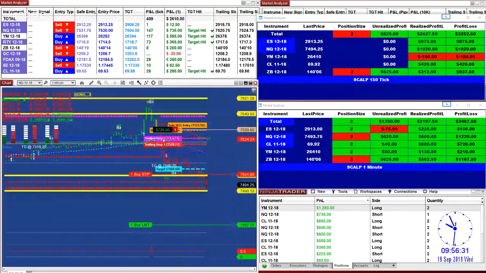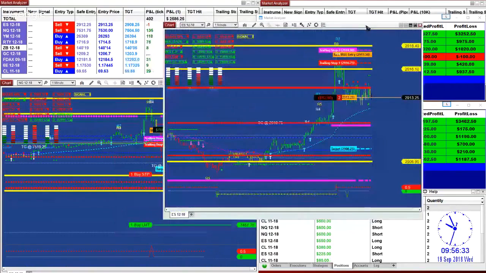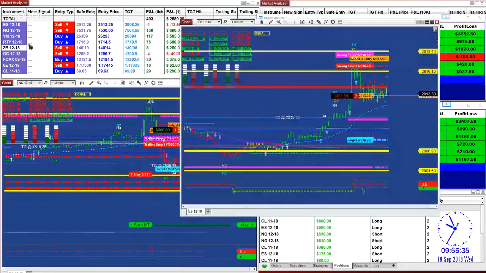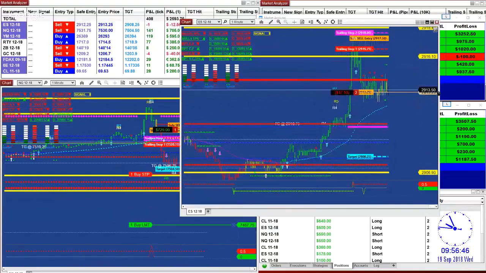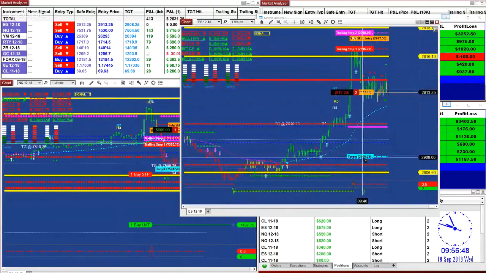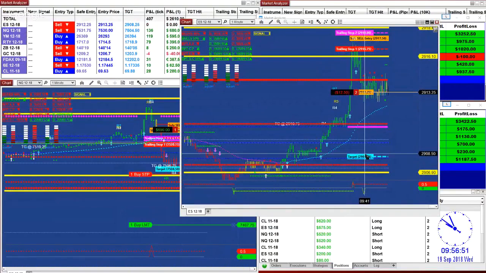That's not gonna happen. For the ES, for the ones who follow the ES, we had the new signal right there on the ES. Now the ES is sitting right there on the 1325, and the target is 2908. I doubt it very seriously.